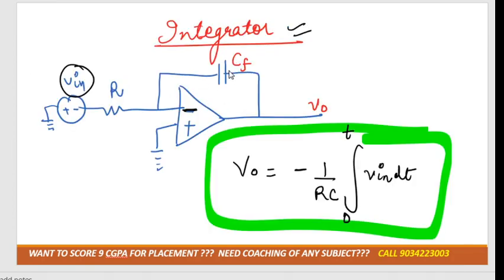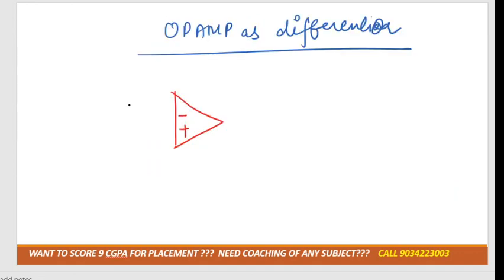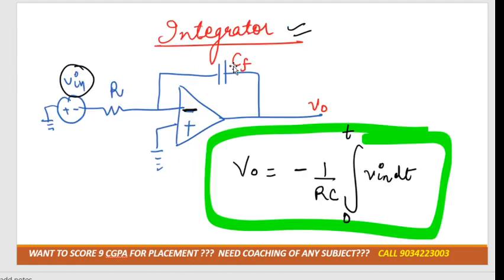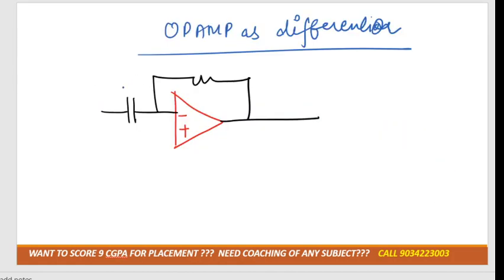There we used the capacitor as feedback, but in this case we use the capacitor as the input and the resistance as feedback. Again we provide the input voltage to the negative terminal, and the positive terminal would be grounded. This would be the output V naught.